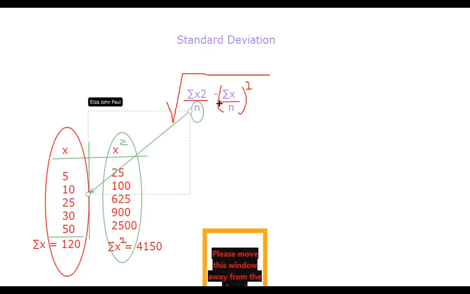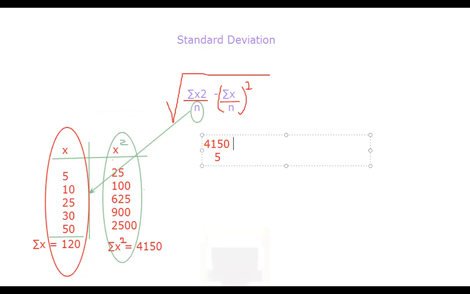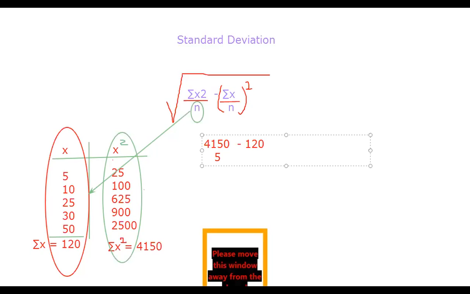So what is our sigma x square? That is 4150. So sigma x square is 4150 divided by small n, which is 5, minus sigma x, which is 120, divided by 5.